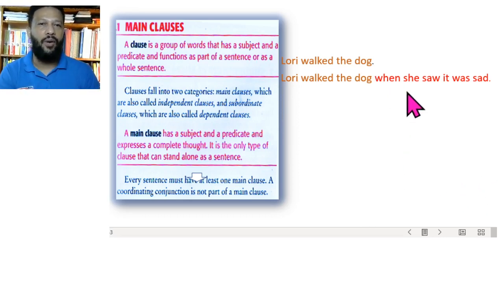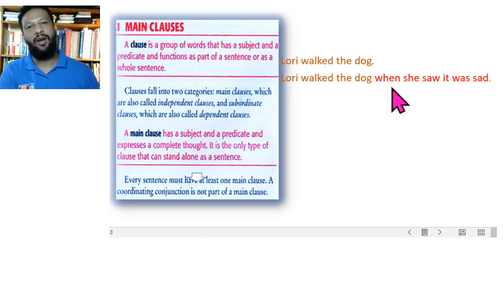Also, I want you to notice the particle when here. When is what we call a subordinator. This word subordinates this sentence that otherwise might be independent. She saw it was sad expresses a complete thought.